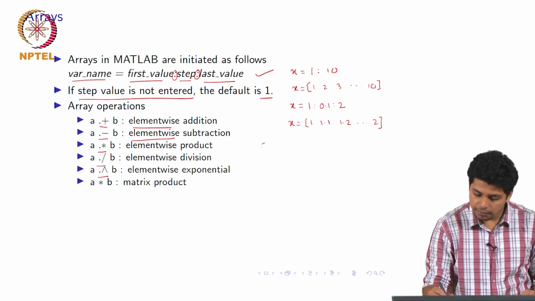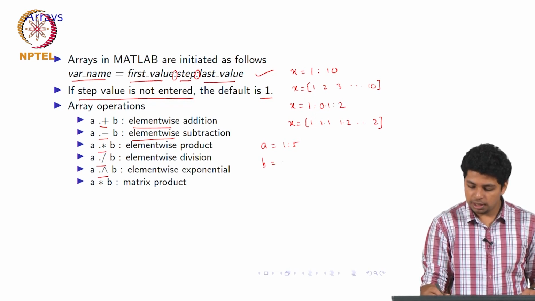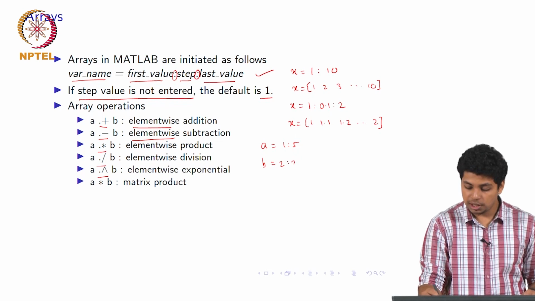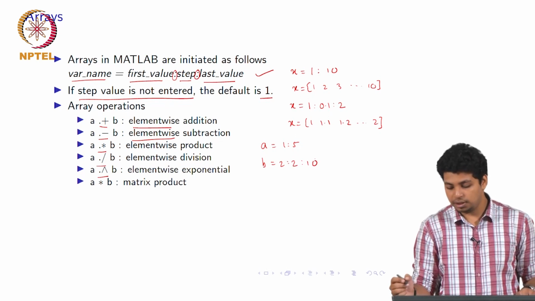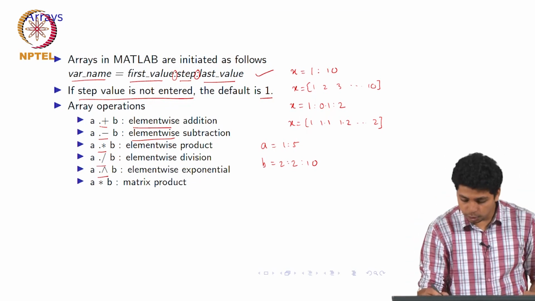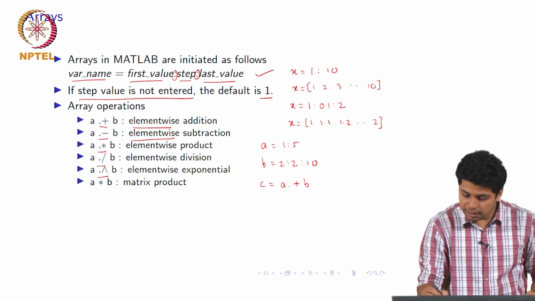Say suppose I have A which is storing 5 values from 1 to 5, and I have B which is storing 5 values again, say from 2 to 10. This will not store 5 values by itself, we will just put step size as 2 and last value as 10. So what dot plus will do is this, say if we put a variable c is equal to a dot plus b, it will add these elements.